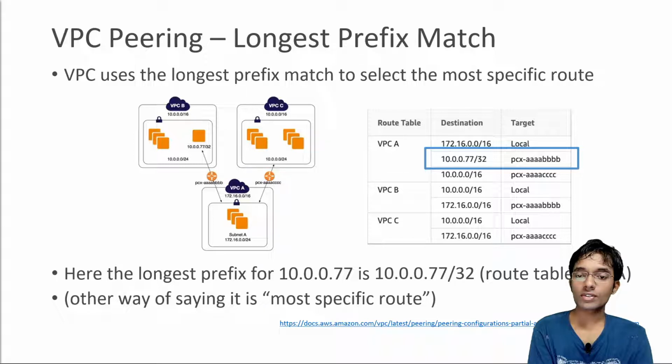And so the idea is that we are going to define route tables, and in VPC A we are going to say anything that is 172 is going to be local.